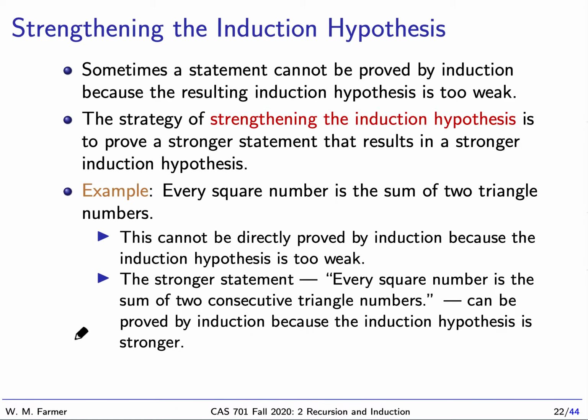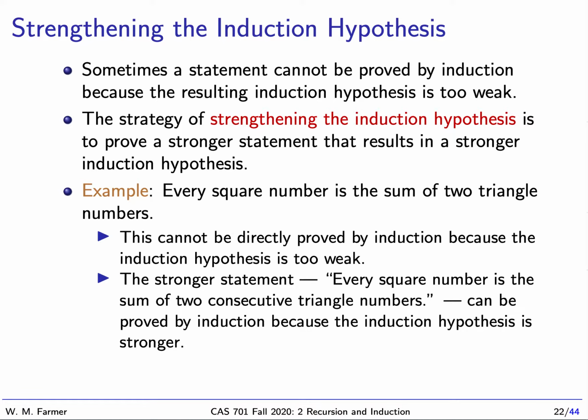But if you try to prove this theorem, you can't prove it by induction, because the induction hypothesis is too weak. But we can prove a stronger statement: every square number is the sum of two consecutive triangle numbers. If we prove that statement, then we get a stronger induction hypothesis, and our proof by induction will work.